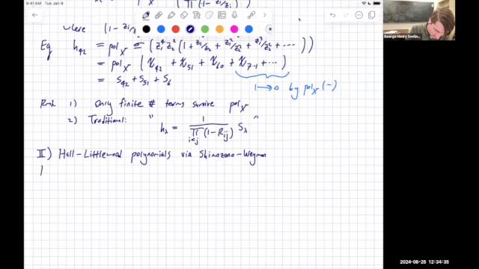To do that, I first need to define a new combinatorial object, and that is the set of positive roots of GLL.